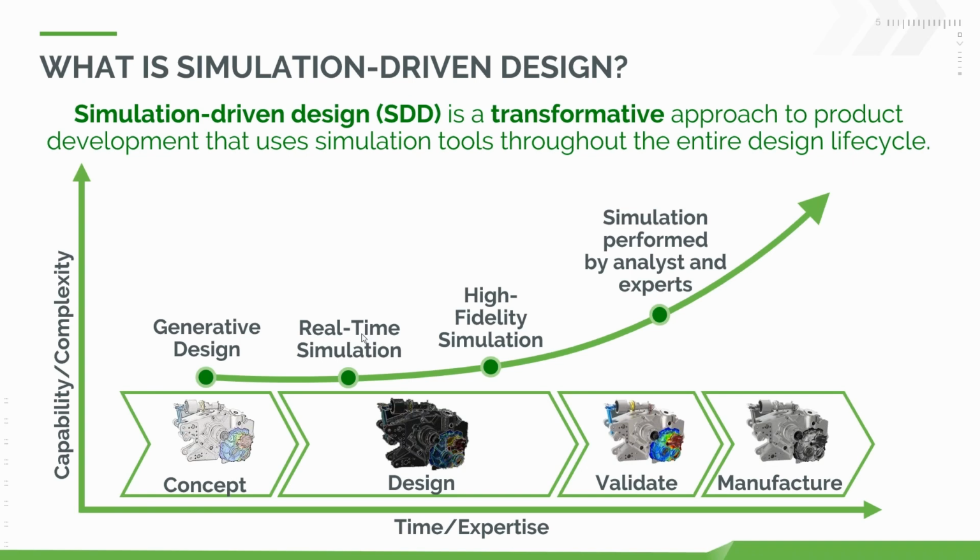We have real-time simulation, which in Creo terms is Creo Simulation Live, part of an ANSYS technology that's embedded within Creo. Then we move on to high fidelity simulation, which would traditionally be Creo Simulate, and these days Creo ANSYS.